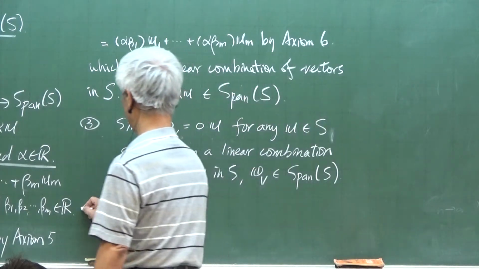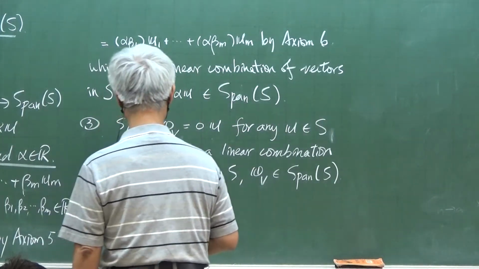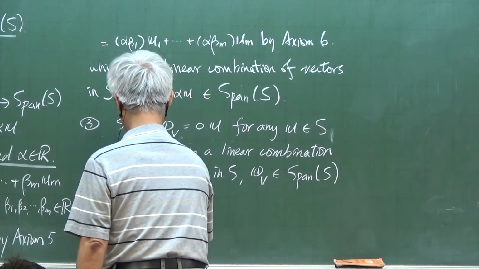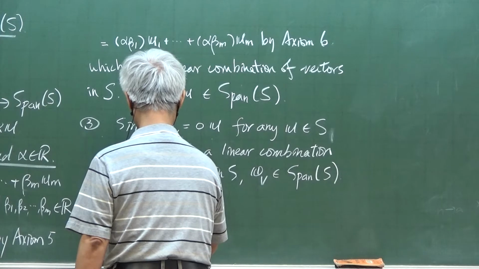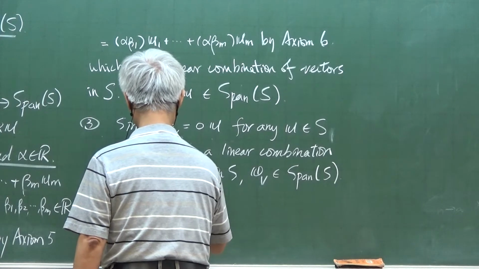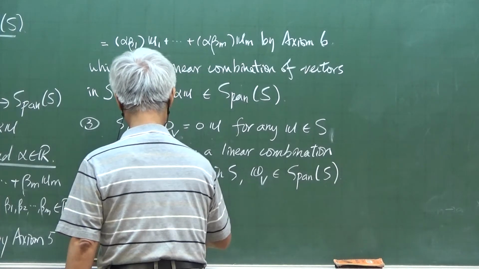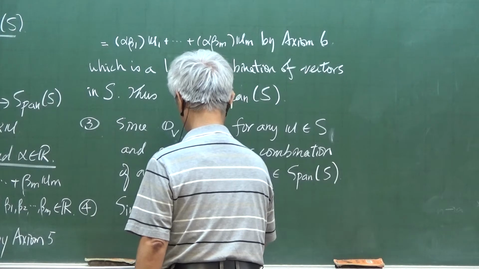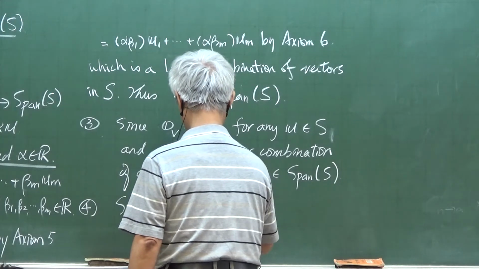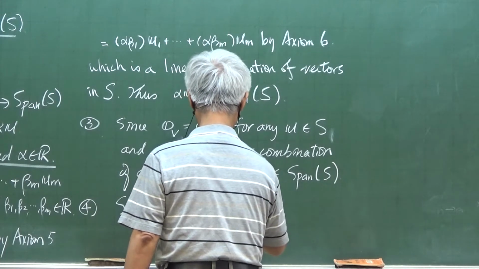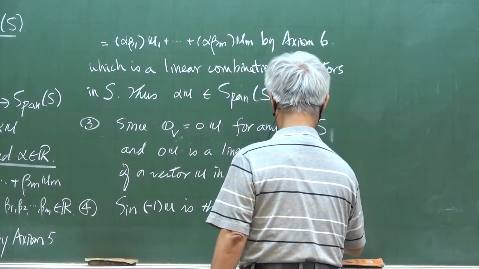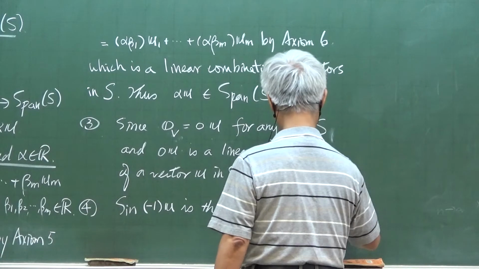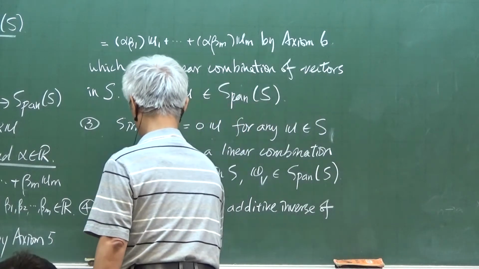So what is the additive inverse? Think: minus 1 U is the additive inverse of U.